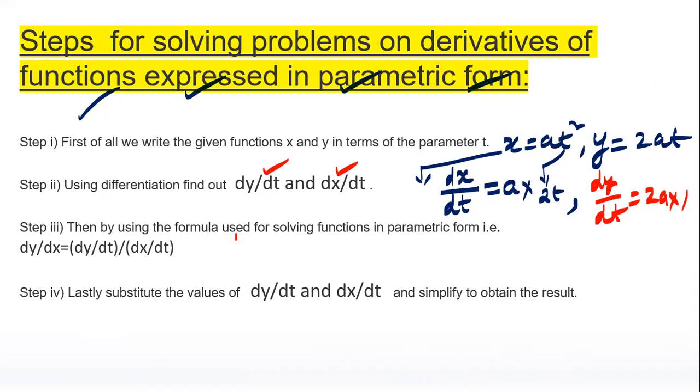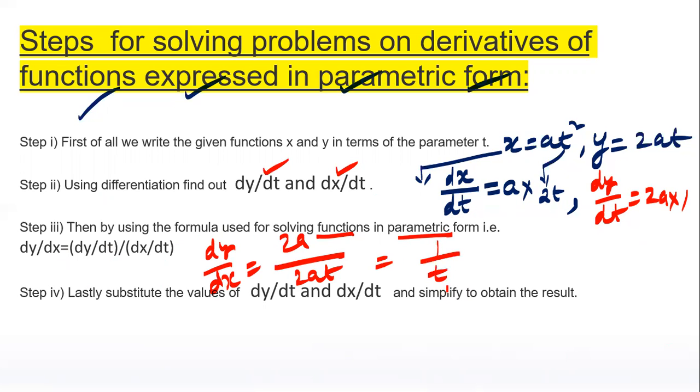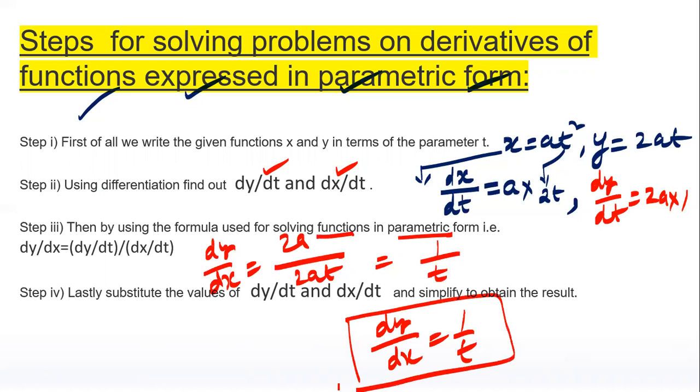Now using the formula for functions in parametric form, we will get dy over dx equals dy over dt, that is 2a, upon dx over dt, that is 2at, 2a upon 2at, that is 1 upon t. So dy over dx equals 1 upon t. This is our final answer.